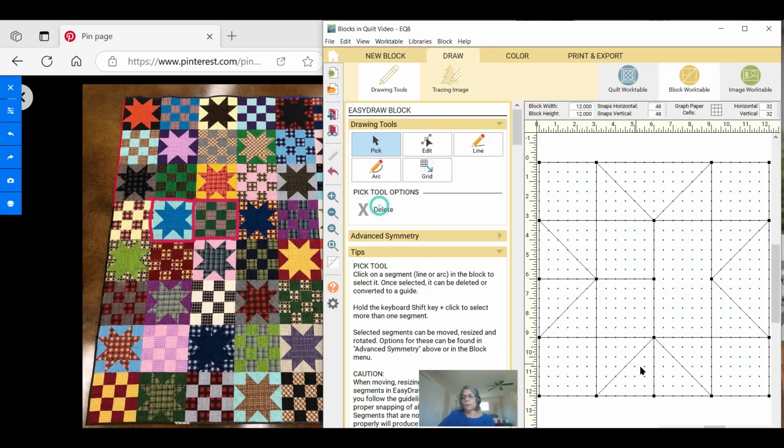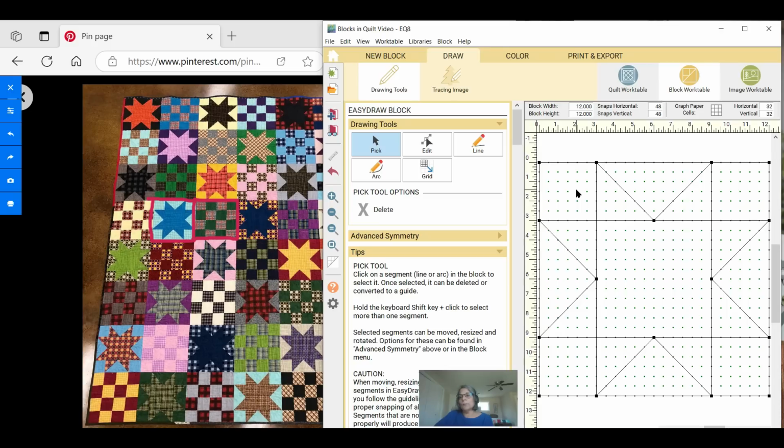So I'll just get rid of these other ones. And also, this center square, large center square, is not pieced. It's just one square. So we'll take out these lines as well. So there is your 8-point star, and these are flying geese units.